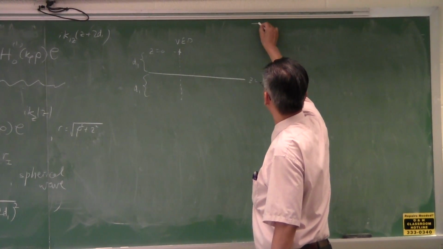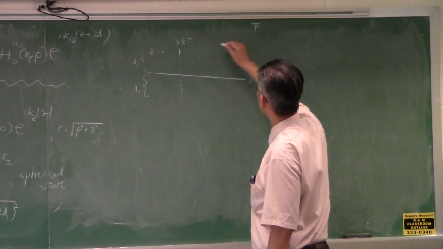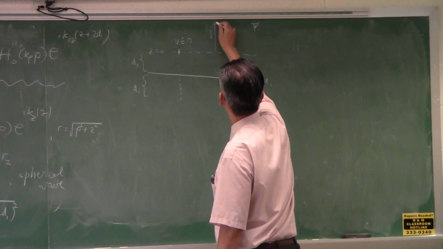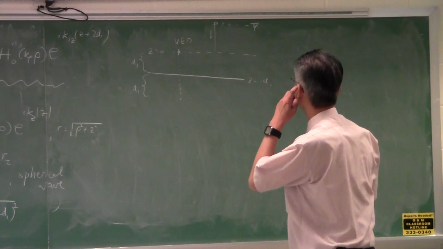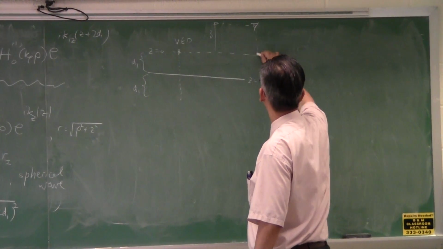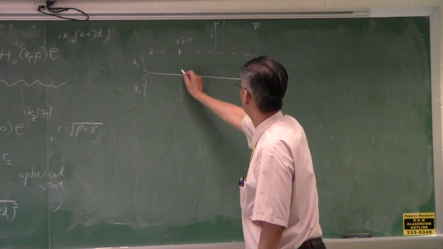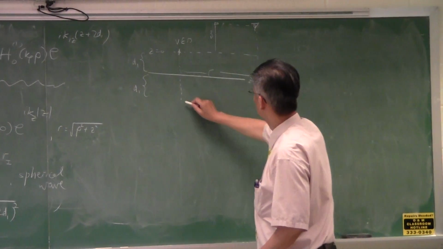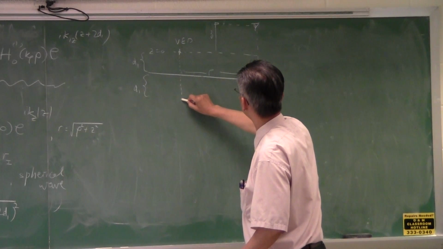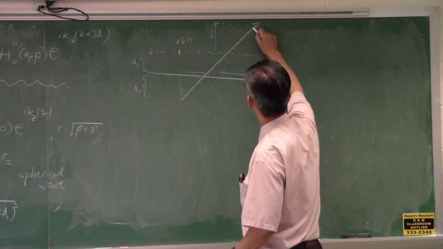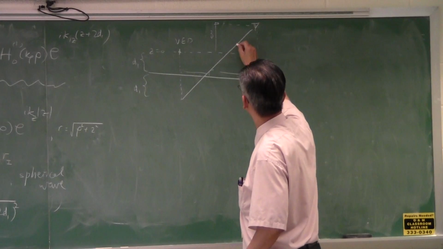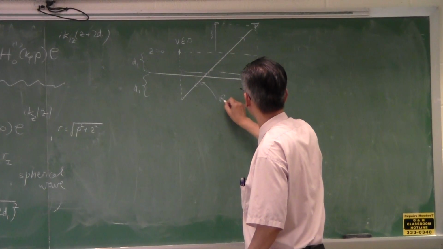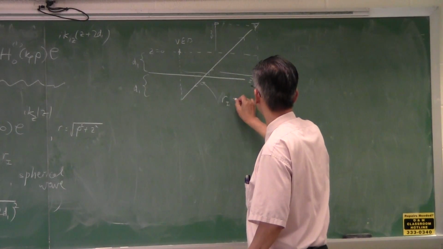And then if you are at an observation point over here, which is z above the source point, but at the distance rho, this distance here is rho in the radial direction, then this distance here is what I call Ri.